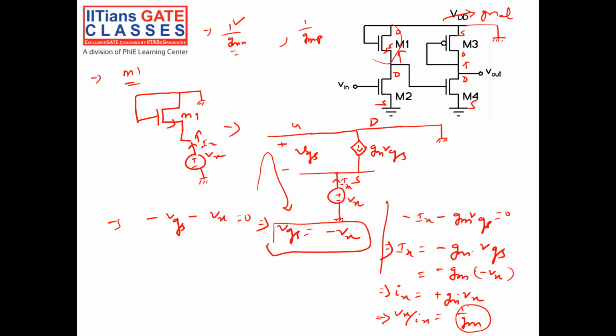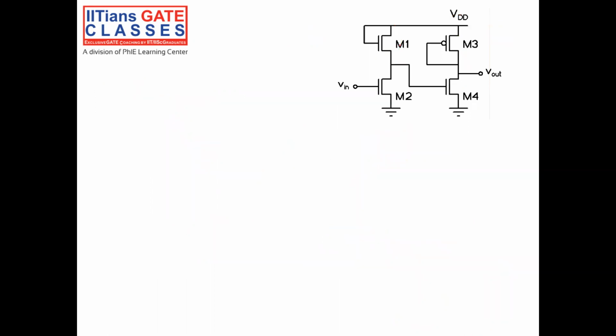So now we have to see the resistance looking from, this is source, this is gate, this is drain of my PMOS. So for the PMOS also, what is my circuit? This is connected to ground, this is connected to ground. This is my drain.